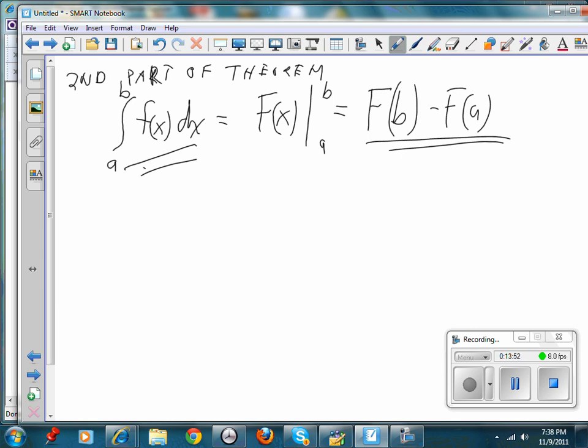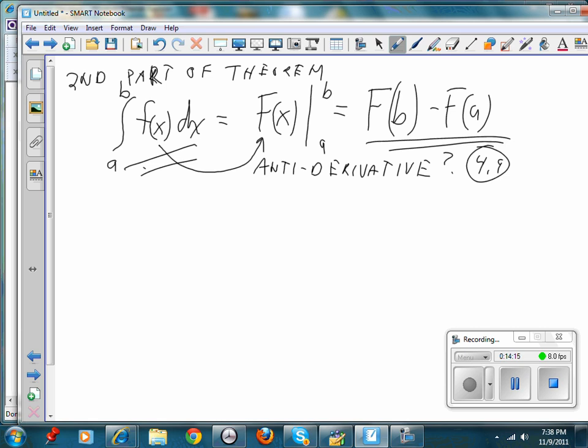Now the question is, well, how do we find the antiderivative? Well, this was in 4.9 and we didn't do it. Now we're going to talk about it because we're going to need it. We're going to need that section now. And let's just remember a few things.